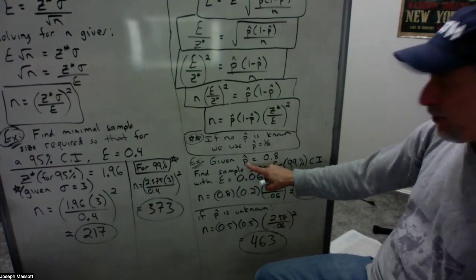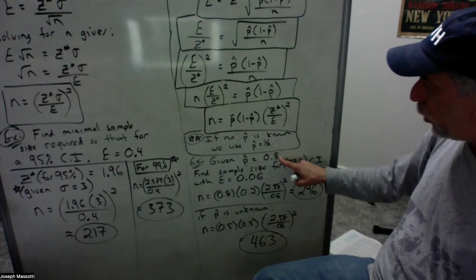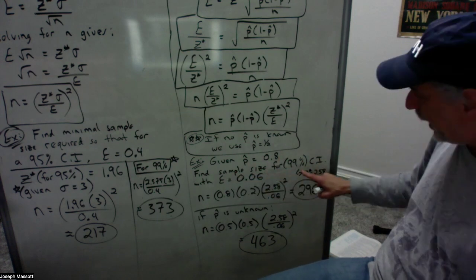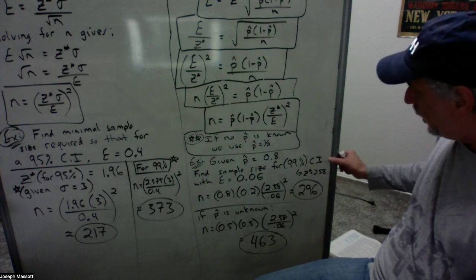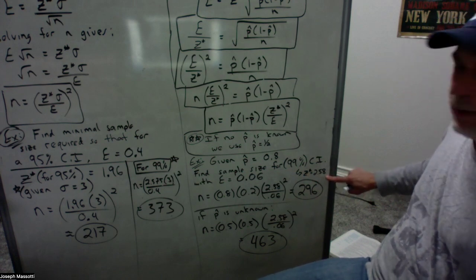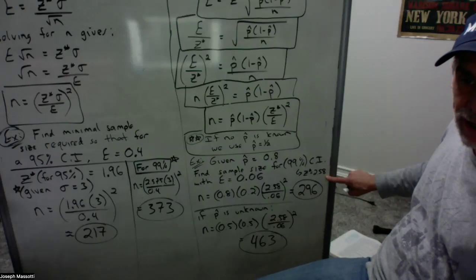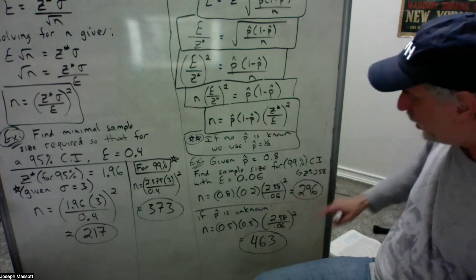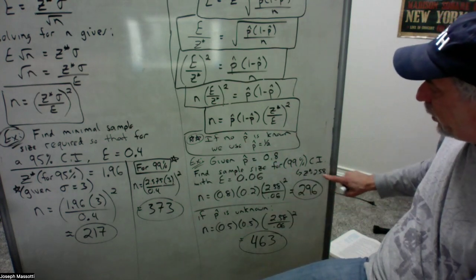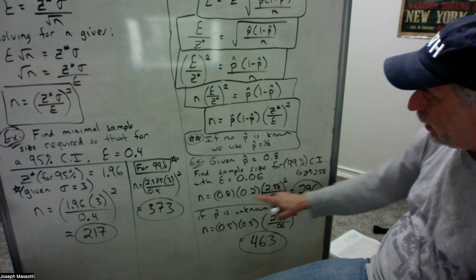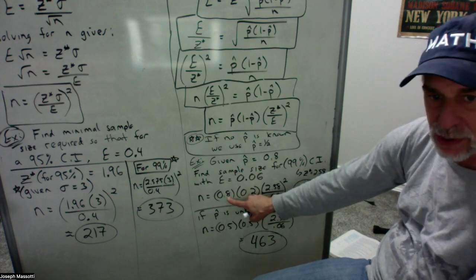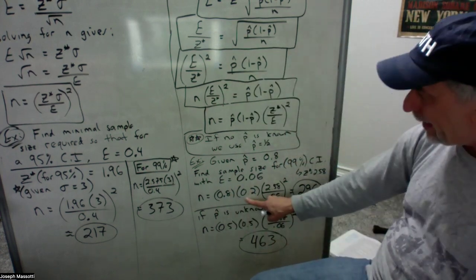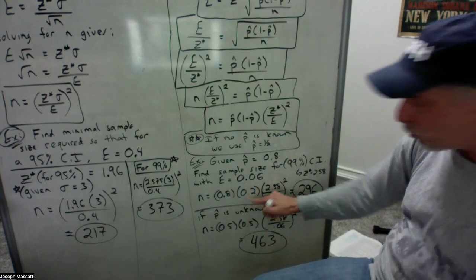Again, let's say we're given a p hat of 0.8, and we want to find the minimal sample size for a 99% confidence interval. And here, just because I ran out of room a little bit, I'm using 2.58 instead of the 2.575 that I used over here. Close enough. 2.58 for my z critical for 99%. We're using the p hat given to us, 0.8, and 1 minus 0.8 gives us 0.2.